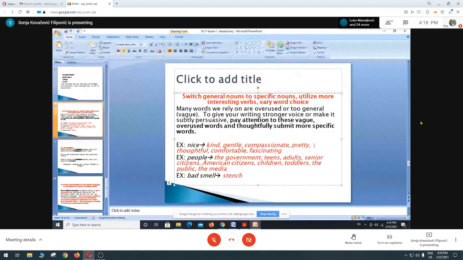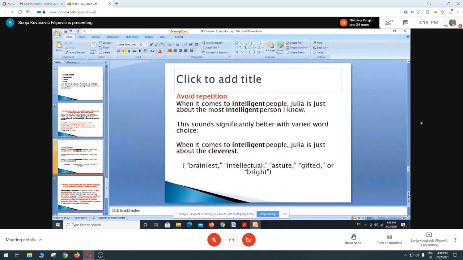Instead of saying nice, you use words like kind, gentle, compassionate, pretty, thoughtful, comfortable, fascinating. Instead of saying people, say which people exactly you mean. Is it the government, the teens, adults, senior citizens, American citizens, children, toddlers, the public, the media? If it's a bad smell, say a stench or a stink.